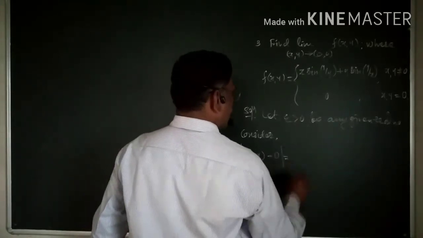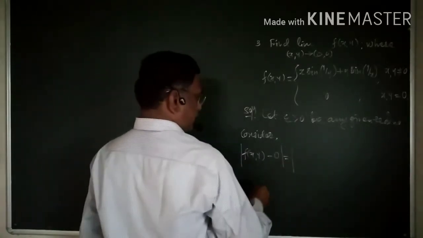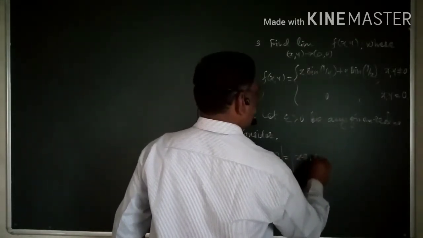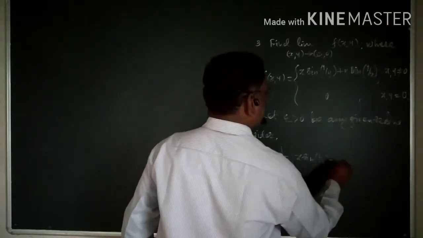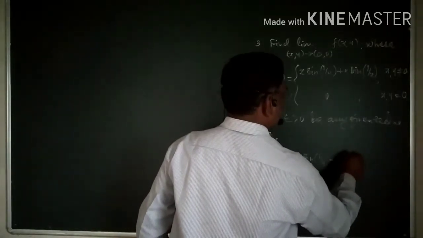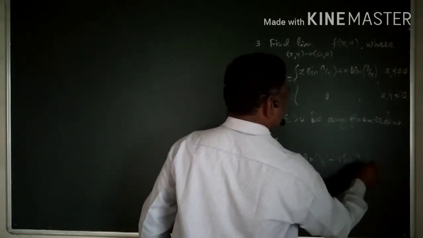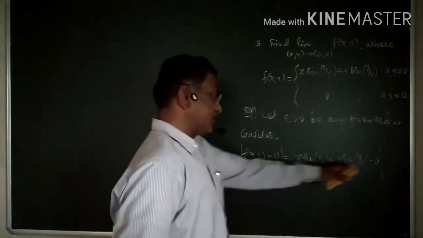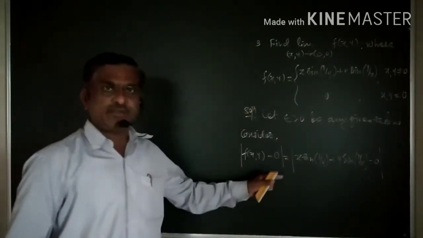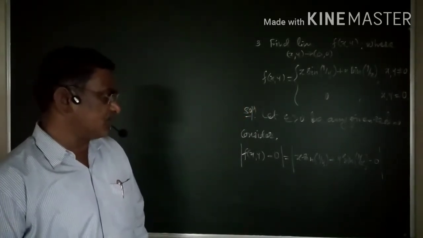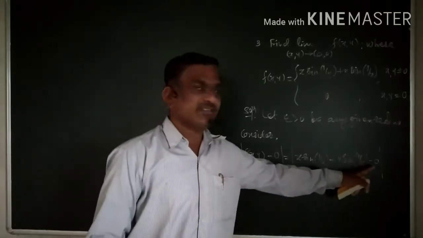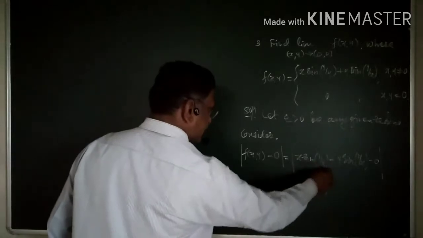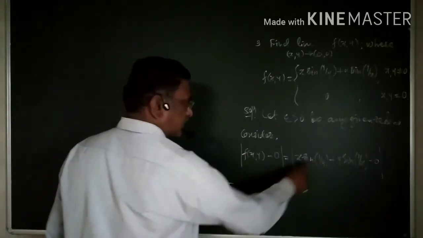That is, this function, x sine of 1 over y plus y into sine of 1 over x, minus 0. You may write 0 or may not write 0, but whenever you solve an example as usual, you need to write it at least at the first step.